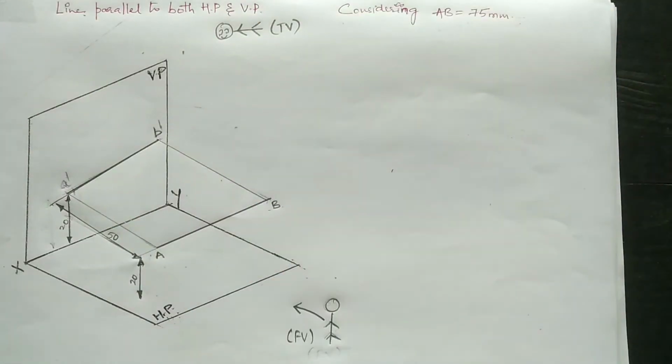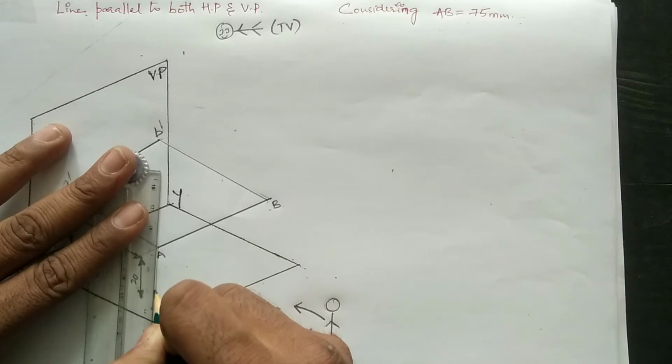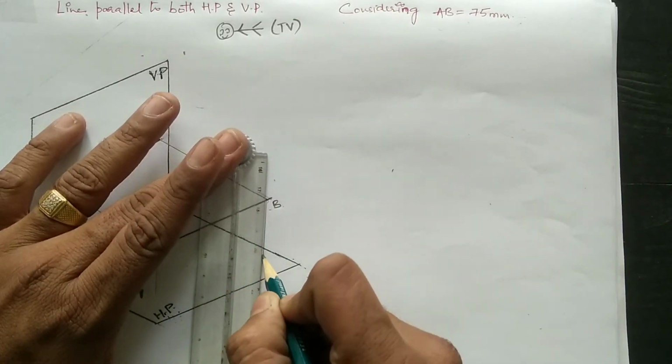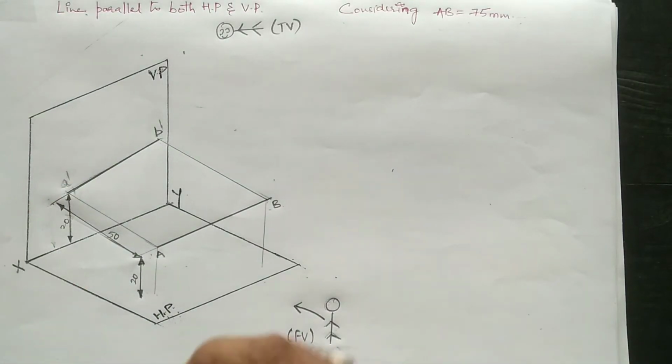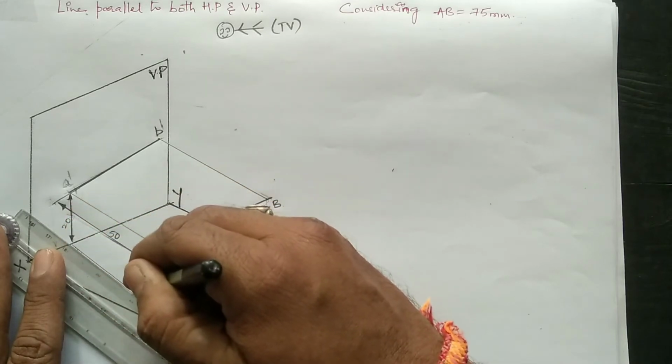Now showing it with respect to the horizontal plane, which is at a distance of 50 mm in front of VP.